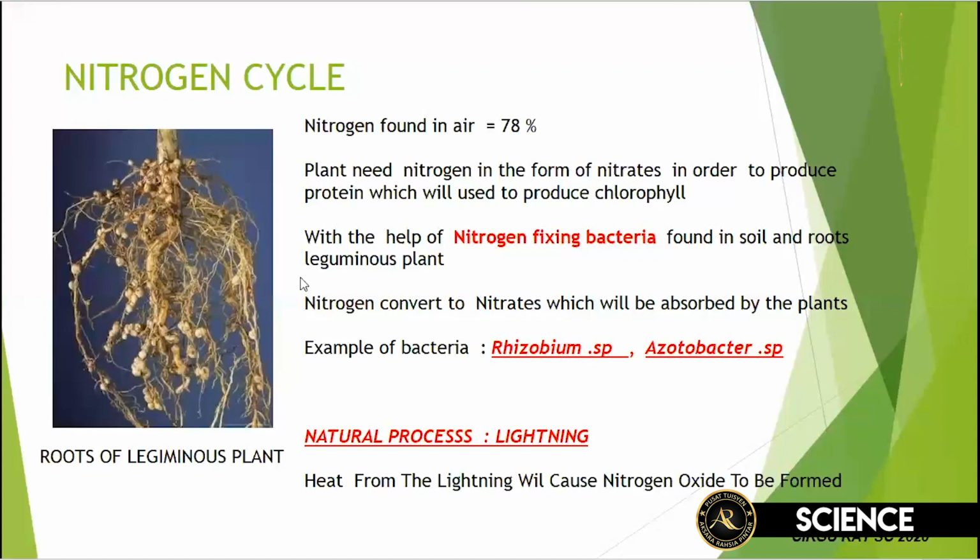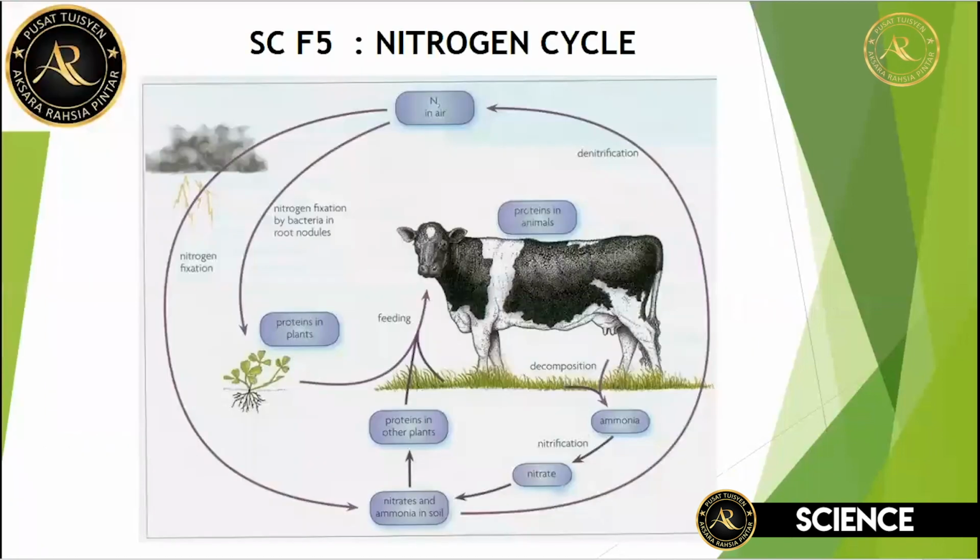Now, as I said, apart from this, there is the natural process of lightning, whereby the heat from the lightning will cause the formation of nitrogen oxide, which will be dissolved by the rainwater, and the nitrate will then be absorbed by the plant. So I hope that you can get how this process takes place from my audio presentation just now.